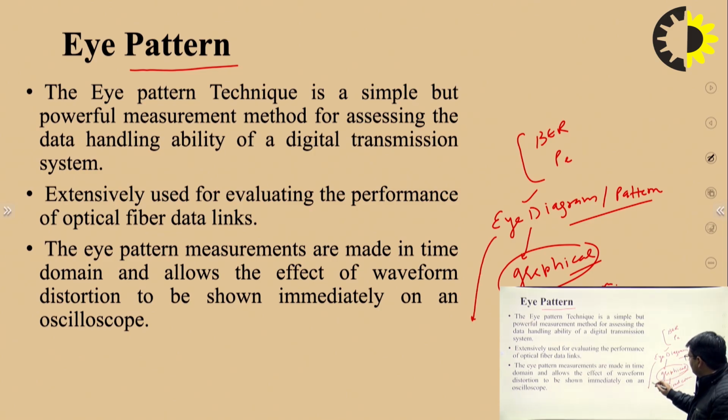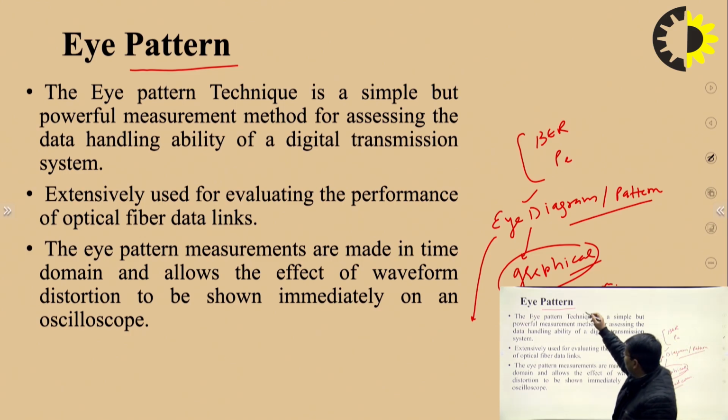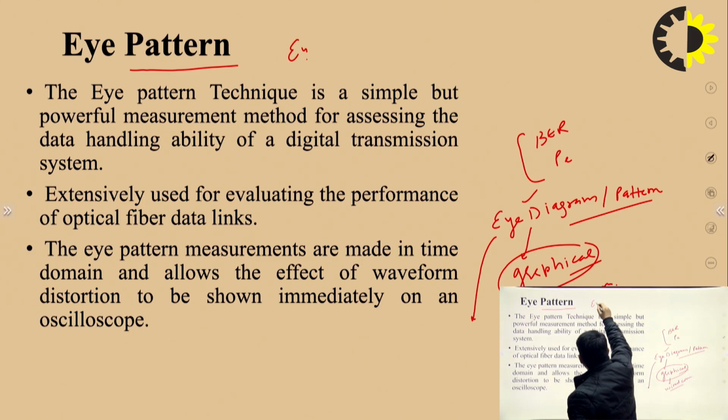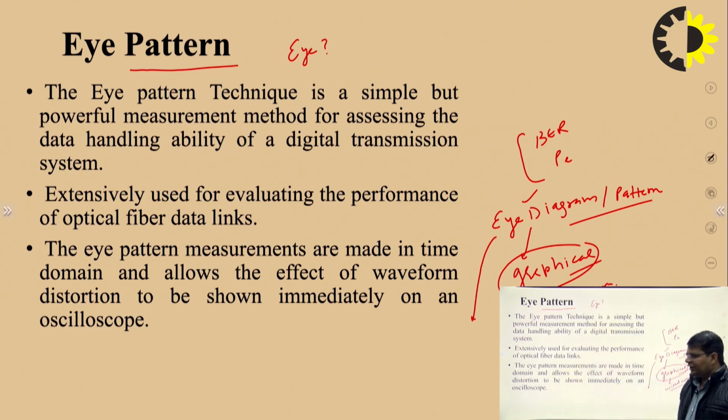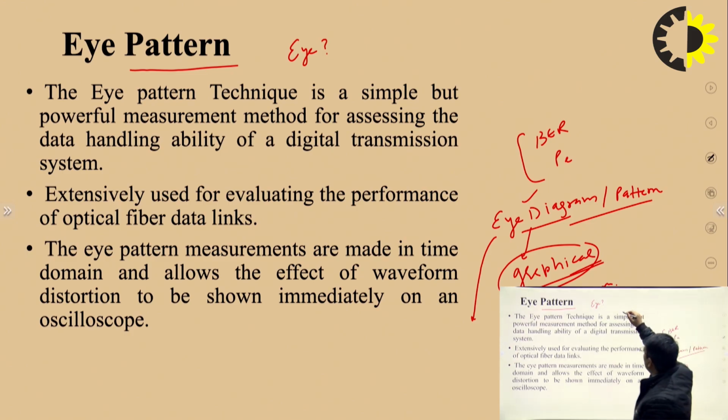So why are we calling this an eye diagram? What is the reason for calling it an eye diagram? Basically, as we have studied, the eye diagram is a graphical method. In this, the graph generated is similar to a human eye.